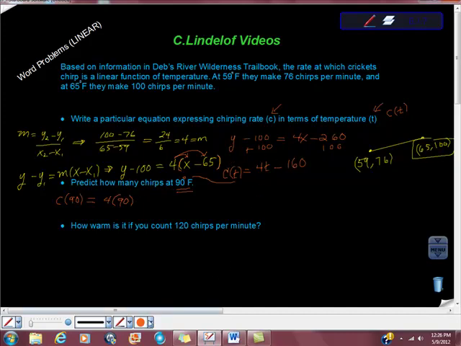You know what I should do here, you guys? I should make sure that my grader is going to be able to find my answer. So there's my answer there. 4 times temperature, which is 90, minus 160. So C of 90 is equal to 4 times 90, which is 360. 360 minus 160 is going to be 200 chirps per minute.